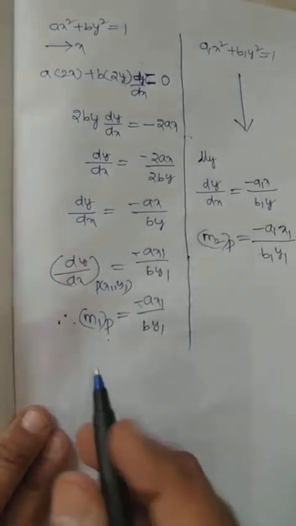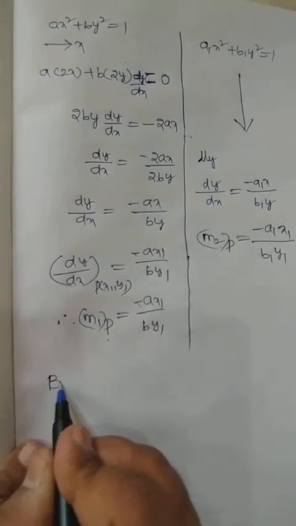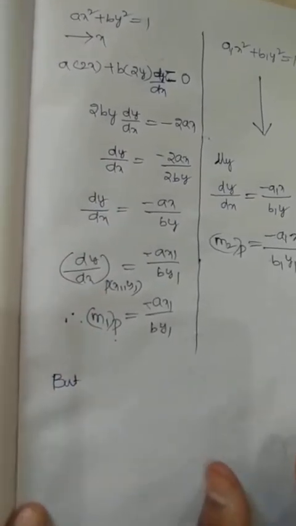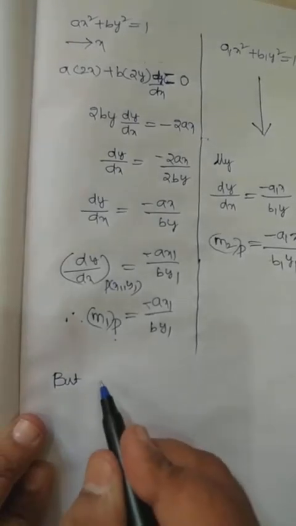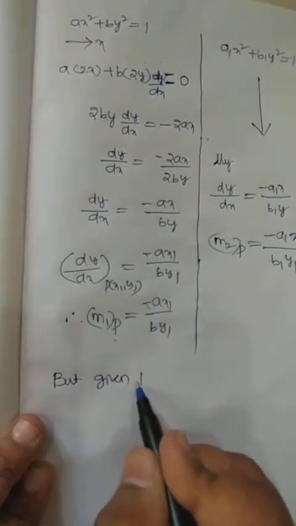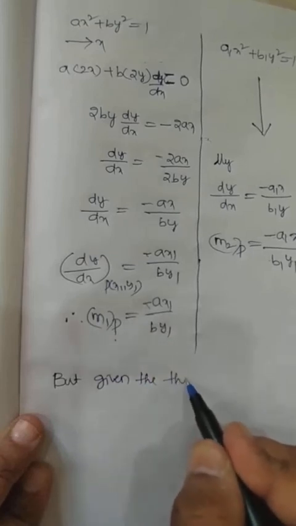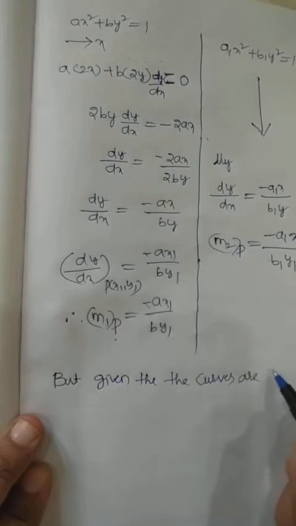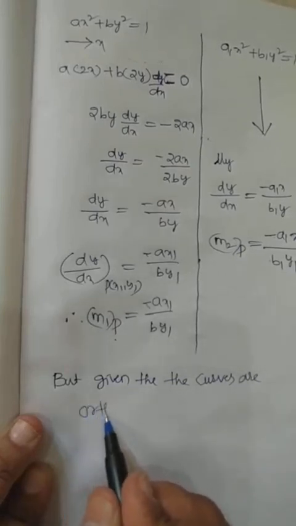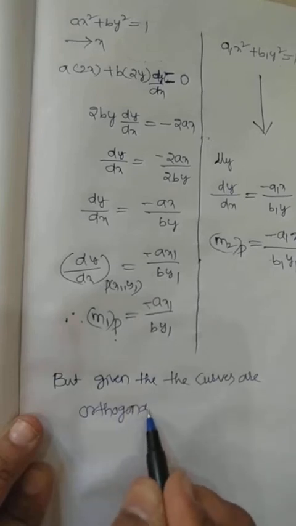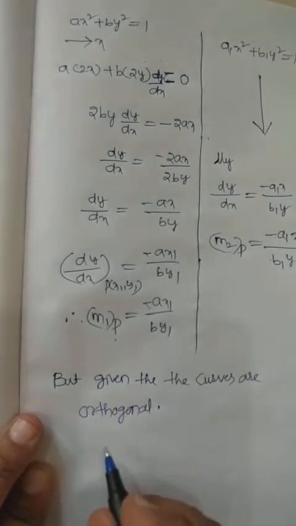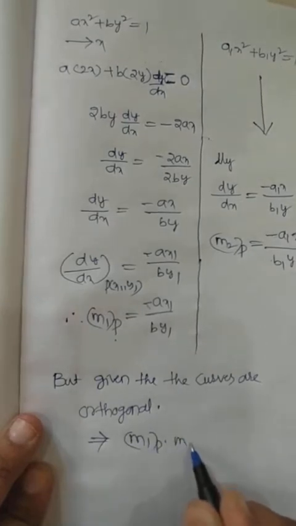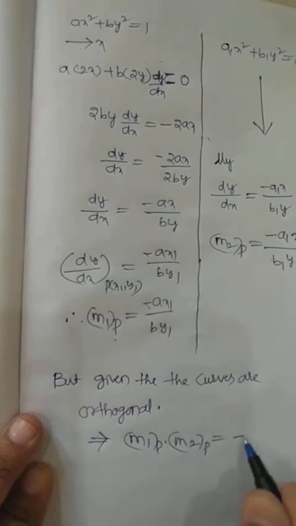But given that the curves are orthogonal, what is our condition? m1 at p into m2 at p is equal to minus 1.